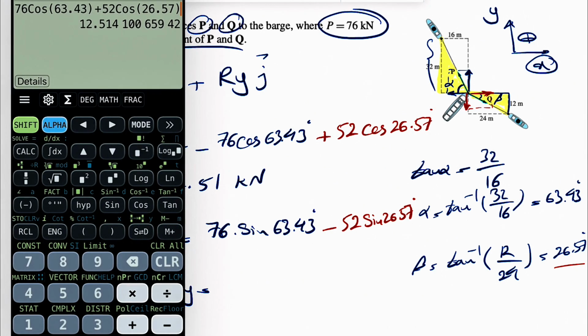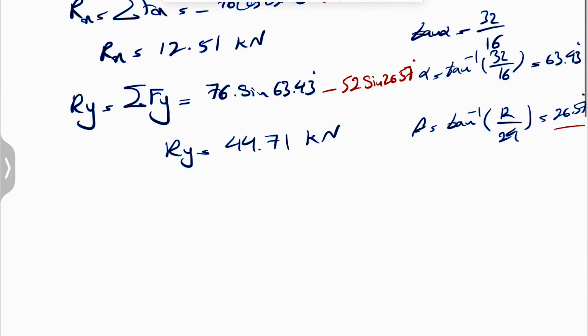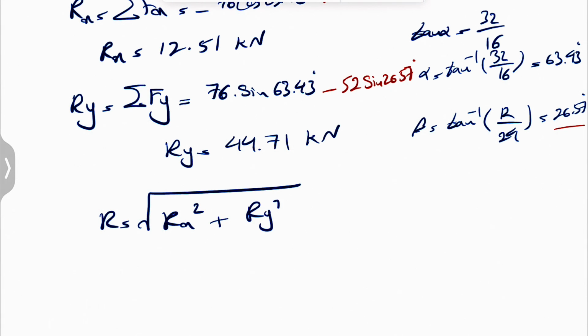Instead of cosine, we'll have sine. Let's see what we get for Ry: 44.71 kilonewton.